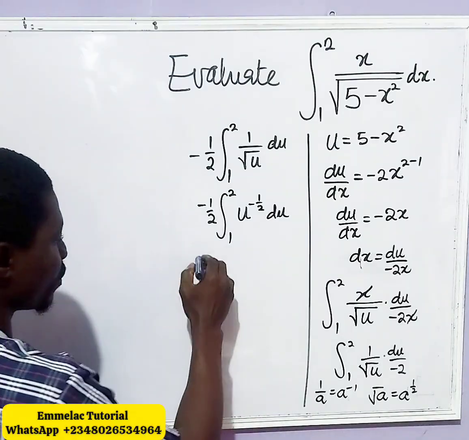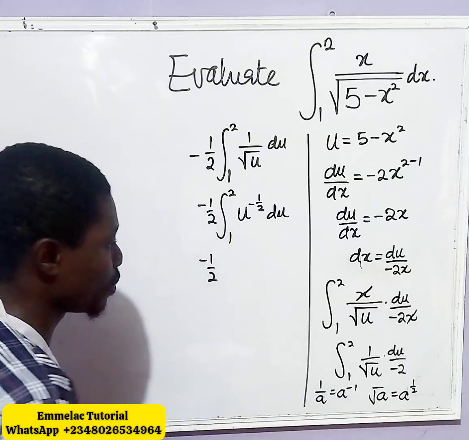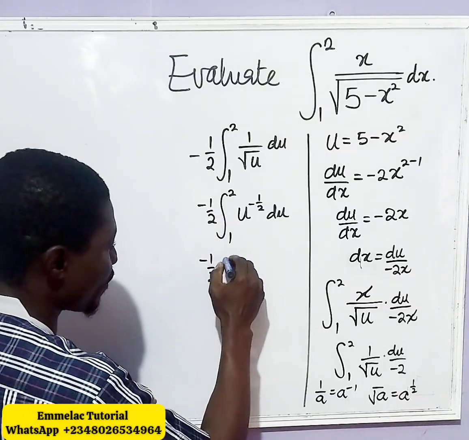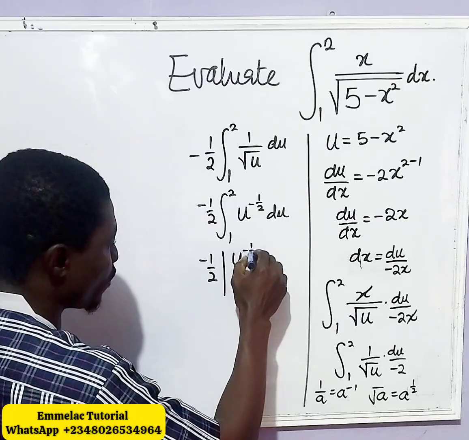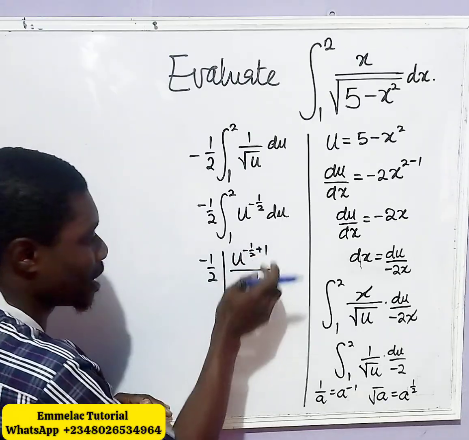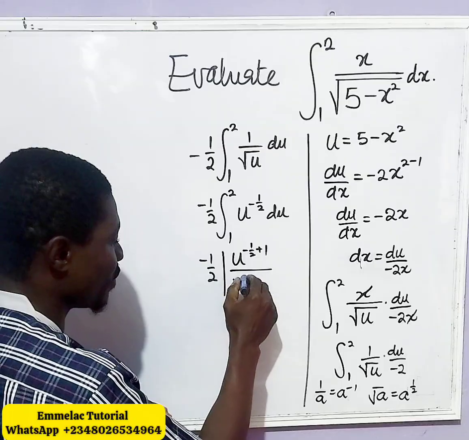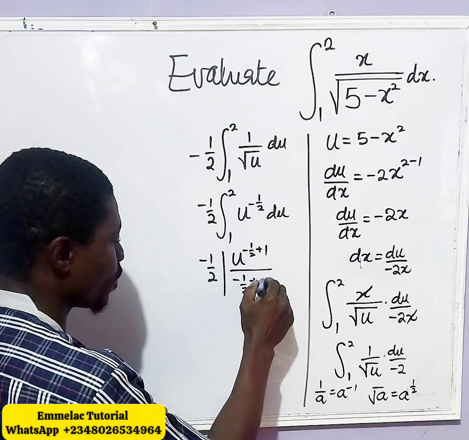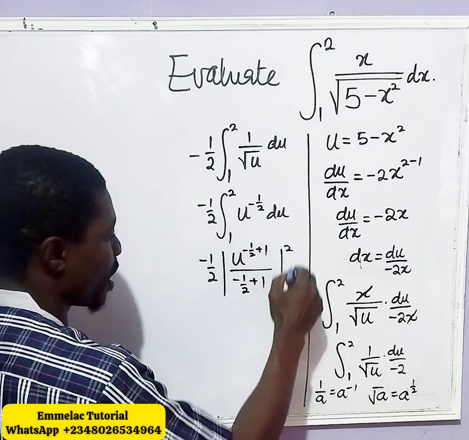So by integration we have our multiplier, negative 1 all over 2. Here we have u raised to negative 1 all over 2 plus 1, then all over this same term as the denominator, negative 1 all over 2 plus 1, with limits 2 and 1.